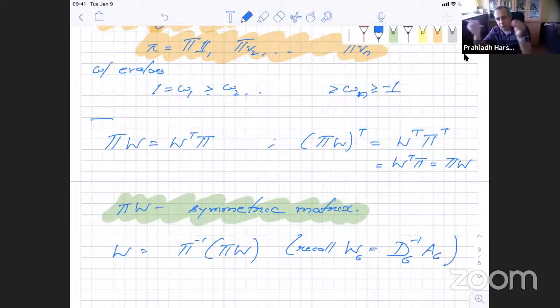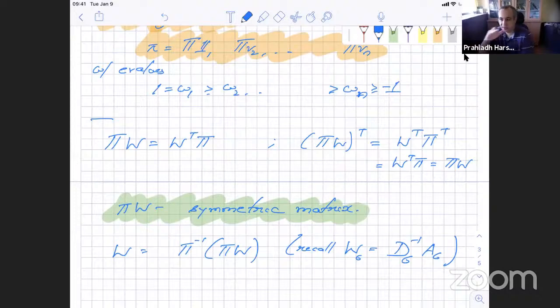A_G was just the matrix of weights, and then I had pre-multiplied it by the diagonal matrix corresponding to the degrees. Now I'm claiming that if you take any random walk matrix, it looks like pi inverse times pi W. This is almost the same as D_G inverse A_G, where pi W is a symmetric matrix, and pi inverse is almost the degree matrix, except that it is normalized.